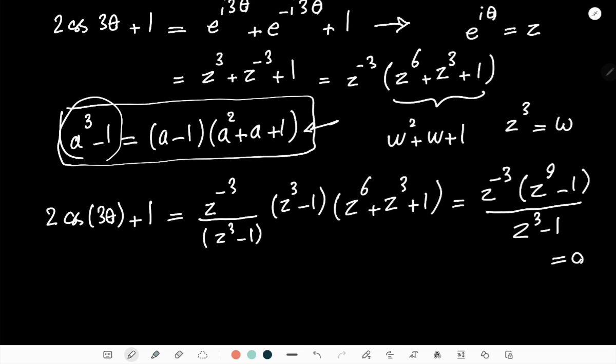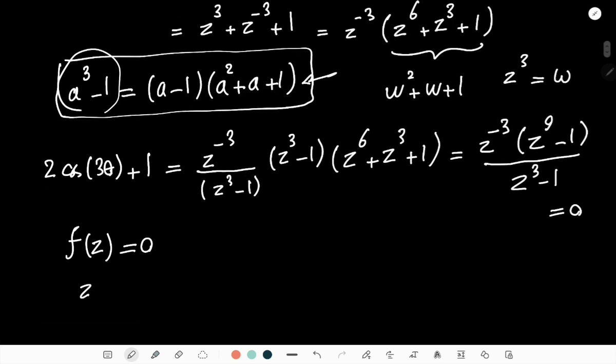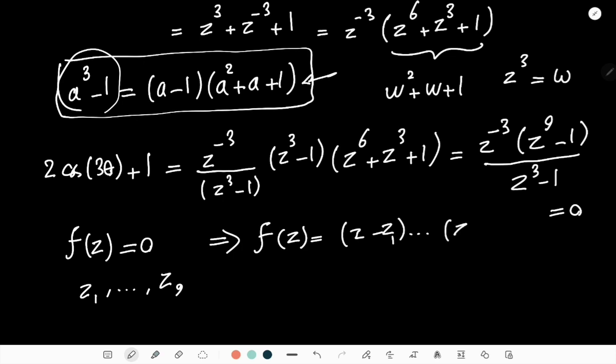And we know that if I have an algebraic expression such as f of z, and I put this equal to 0, and I found the roots, let's say this is an order 9 equation, so these roots are z1 all the way to z9, then the algebraic expression f of z can be written as (z minus z1) all the way to (z minus z9), if the coefficient of z to the power of 9 is 1, which is the case here, by the way.